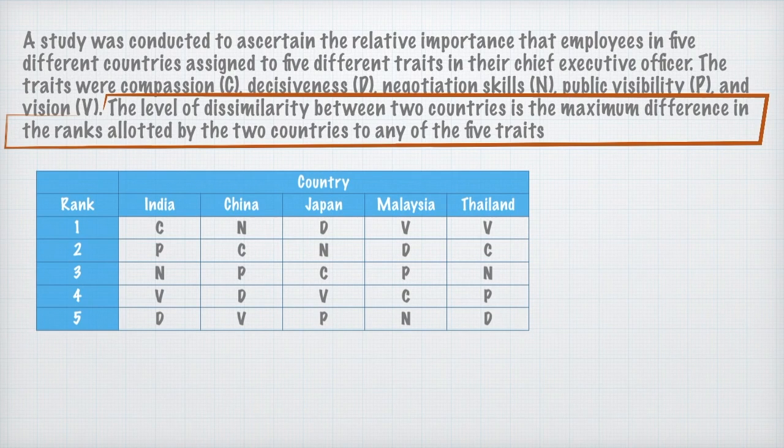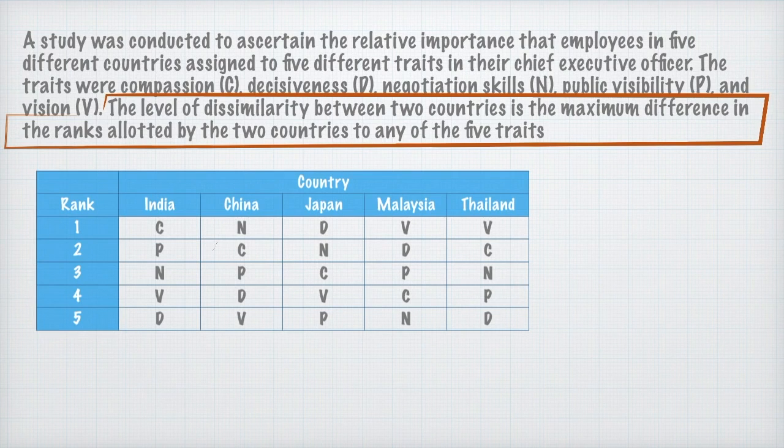So take any 2 countries. For starters, I'll take, let's say, India and China, just to understand the set for myself, right? So it says the level of dissimilarity between 2 countries. To understand, I'm taking India and China. Is the maximum difference in the ranks. So I look at the table, I see India has ranks, right?